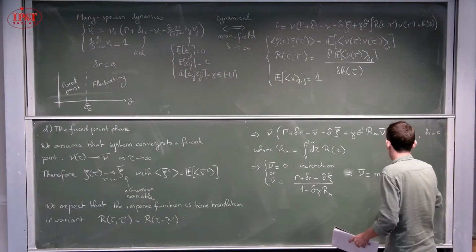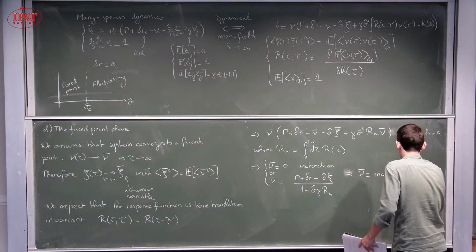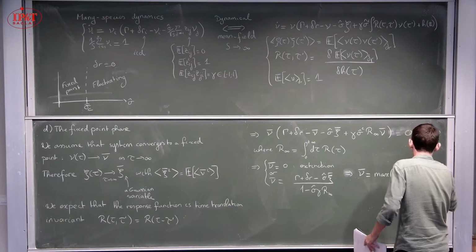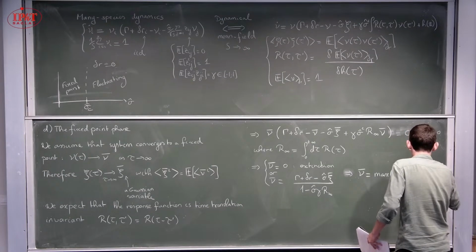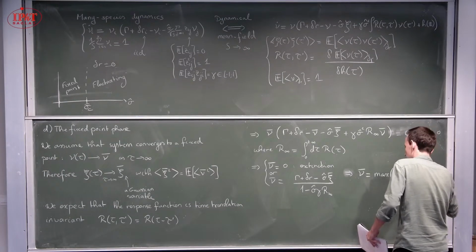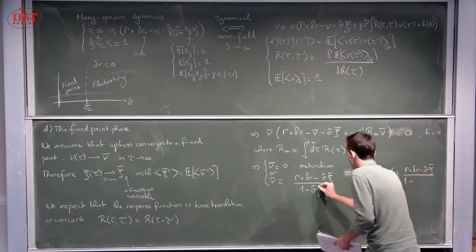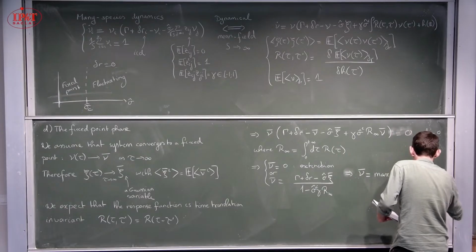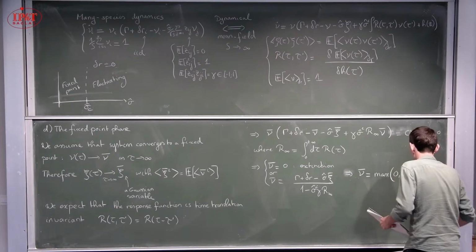So the right solution is the maximum of those two variables. So it's the maximum of 0 and gamma plus delta r minus sigma hat psi r, divided by 1 minus sigma squared gamma r infinity.